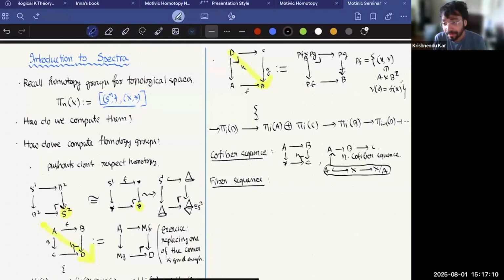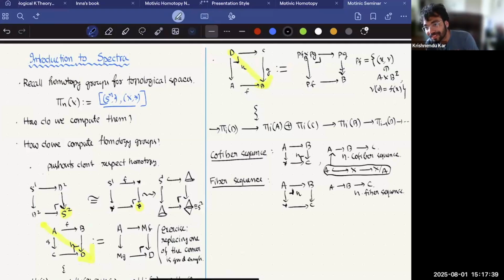What is a homotopy fiber sequence? So you are pinching again one of the corners. So A, B, C, and take the pullback of that. Then A, B, C is your homotopy fiber sequence.